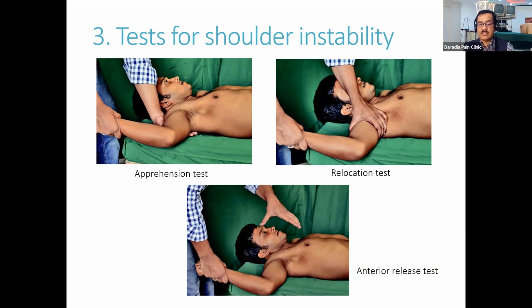So the anterior release test is done after you are relocating. If you release your hand, there is again the chance that it will come back anteriorly. So this is your anterior release test. The apprehension test, relocation test, and anterior release test are for shoulder joint instability, dislocation, lax ligaments, and glenohumeral pathology that can produce pain here.